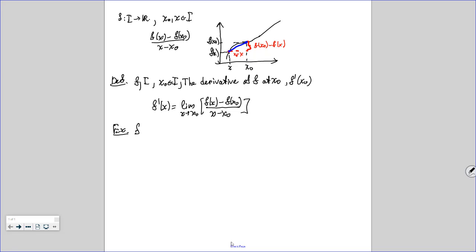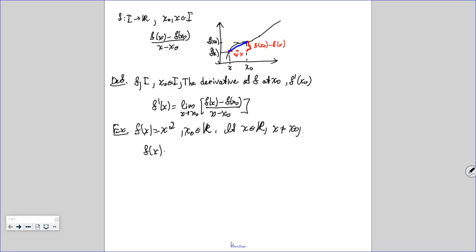Let's do one example. Suppose we have the function f(x) equals x squared, and suppose x0 belongs to R. If x is in R and x is not x0, we want to find the derivative of this.